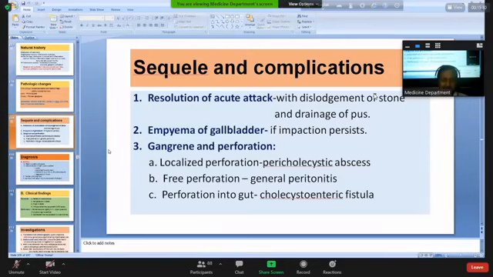And if there is necrosis and presence of distension, a part will perforate with the discharge of content into the peritoneal cavity. That ultimately leads to localized perforation, leading to pericholecystic abscess.